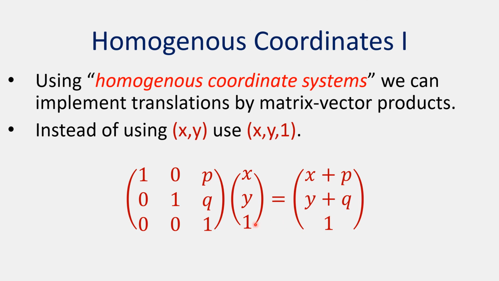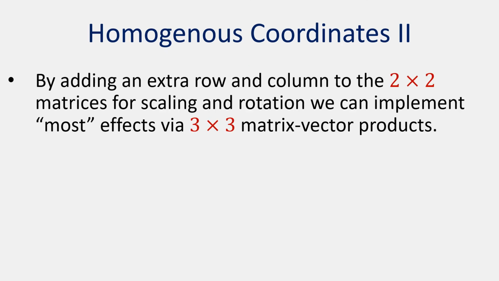This extra component, this value 1, gets preserved in the homogeneous coordinate of the result because x multiplied by 0 is 0, y multiplied by 0 is 0, 1 multiplied by 1 is 1. So when we add those three components together, we get the value 1. So what we've done is, by adding an extra row and column to our two-dimensional matrix, we can do this for scaling as well.